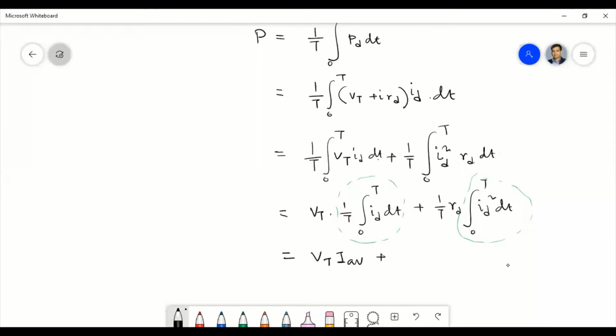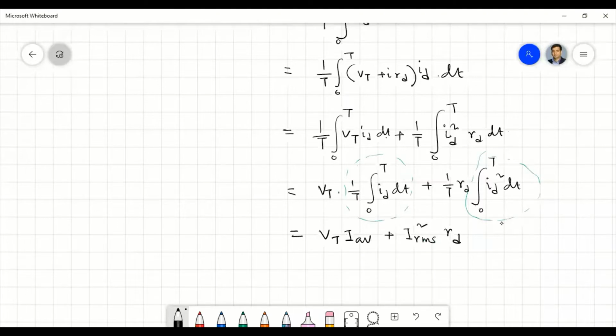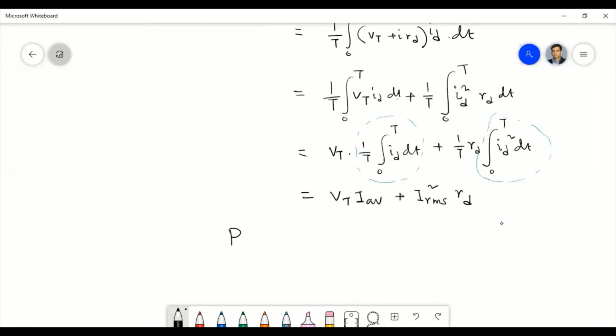And what about the second one, 1 by T integral 0 to T of ID squared dt? That is the square of the RMS current, so it is I RMS squared times RD. So the final expression of average power dissipated in the diode is VT times I average plus I RMS squared times RD.